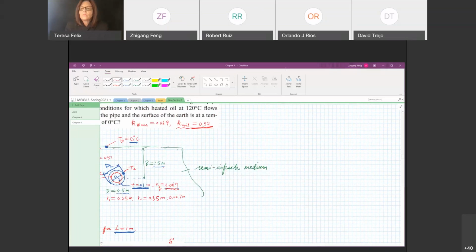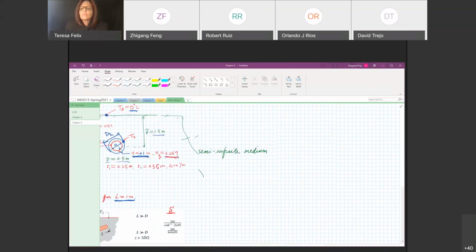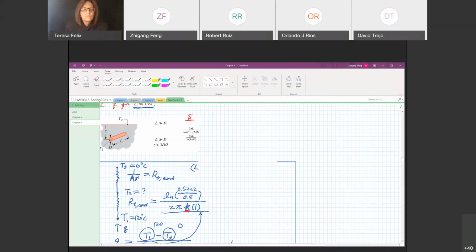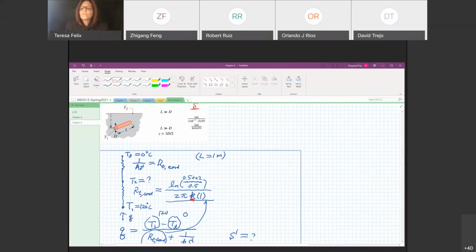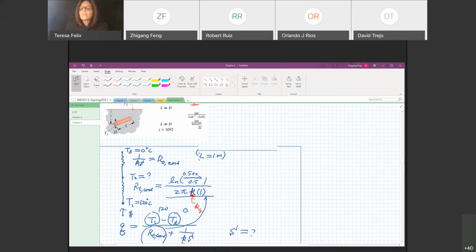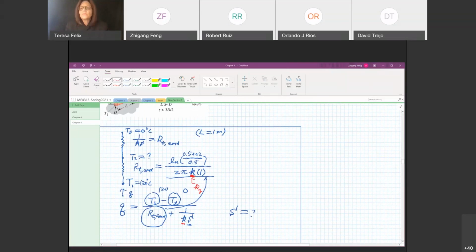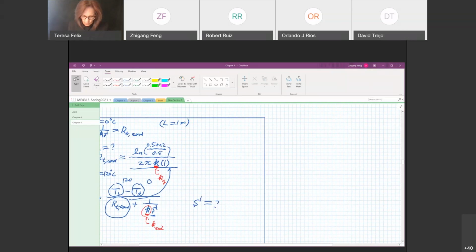So which K do we use for the first resistance? This has to be K of the insulation layer, okay? And for the thermal resistance associated to the shape factor, this K has to be K of the soil. Okay. So don't confuse these two K, they have different values.